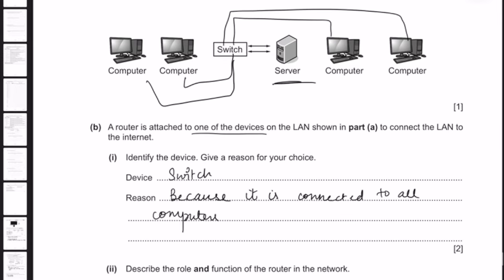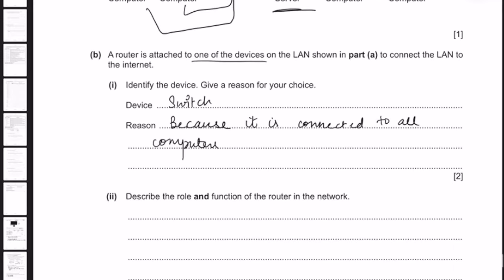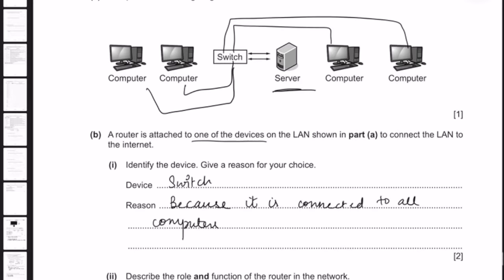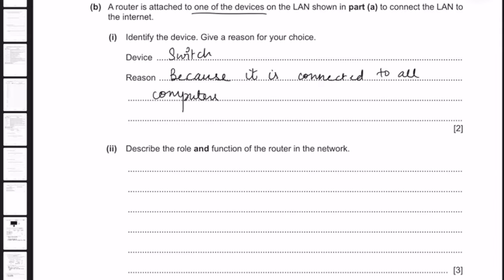If you were to say server, then you could say that the server will process the requests. Let me just check the MS for this one. Yeah, the server will process the requests and authorize traffic. So you can write either one and then give a corresponding reason. I think the switch is much easier.